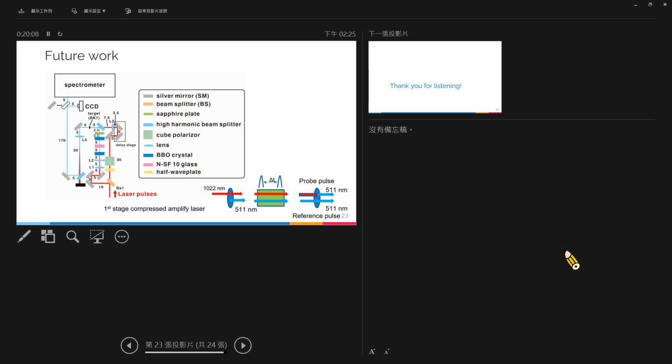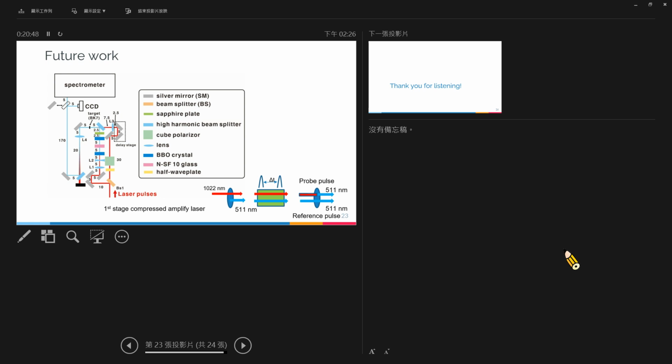A pump pulse will be generated after going through this beam splitter. It goes all the way up here, and this is a lens to focus it onto the target, my medium here. The probe pulse and reference pulse go through here, but up to here it is still the same pulse. So I need to separate it into two pulses with a time delay. I designed it to put a BBO crystal here, an NSF10 glass here, and a BBO crystal here.